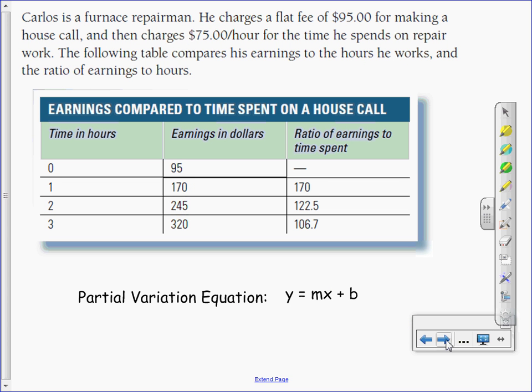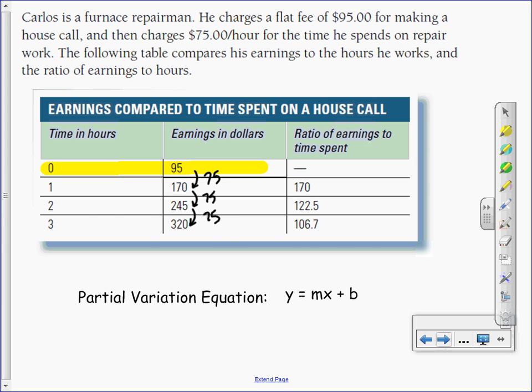There are also some partial variations we're going to deal with here. Right away we know this is a partial variation because this repairman starts off charging $95 right away, and then with every hour that passes, the total goes up by $75 per hour. I know it's a partial variation because we don't start at zero.